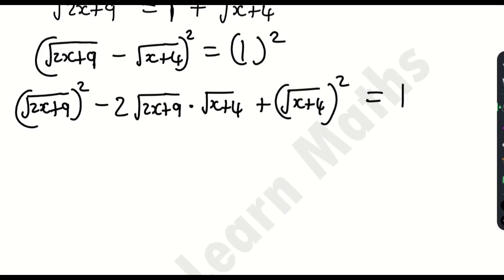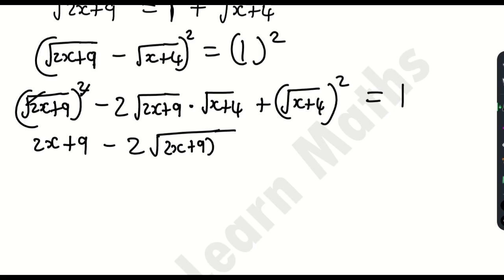If you want to simplify this, the square will cancel the square root. So you have 2x plus 9, minus, if you multiply this 2, let's put the 2 of them in this radical. So that's 2x plus 9, let's put this in a bracket, and then x plus 4. Then plus the same thing again, this square will cancel the square root, so we have x plus 4, all is equal to 1.